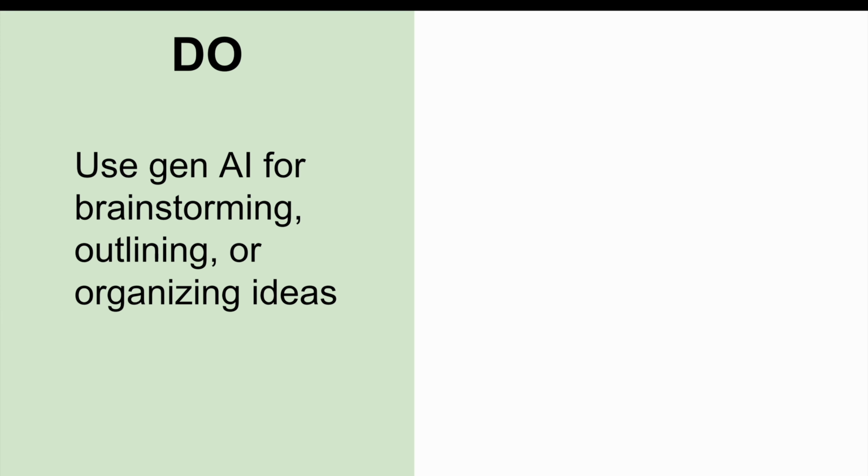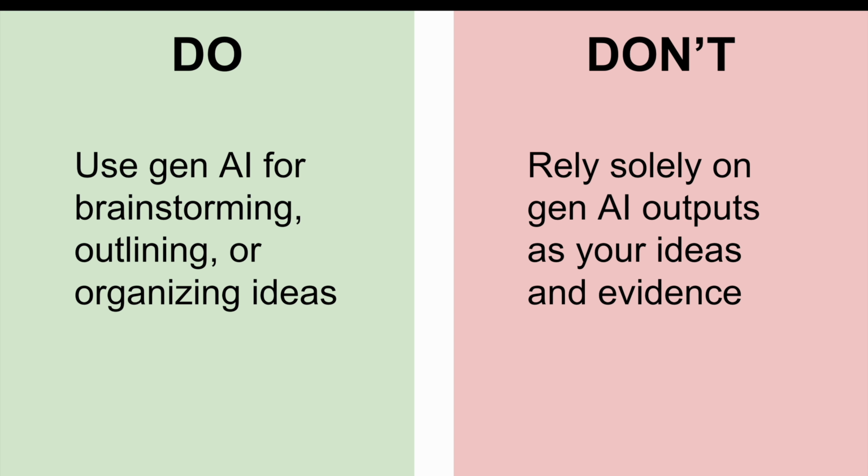First, in getting started with your research, do use it to help you with brainstorming, gathering ideas, and organizing your thoughts. Many Gen AI tools can help you identify current themes in research or determine an appropriate order of topics. But don't use Gen AI to come up with the main ideas or evidence of your project alone.